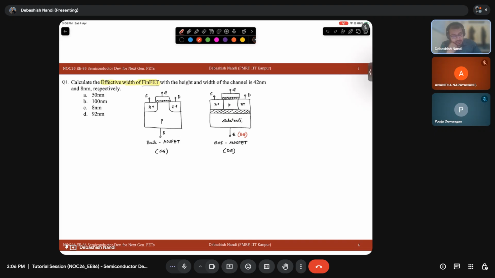Then I have something called FinFET. So how does that look?